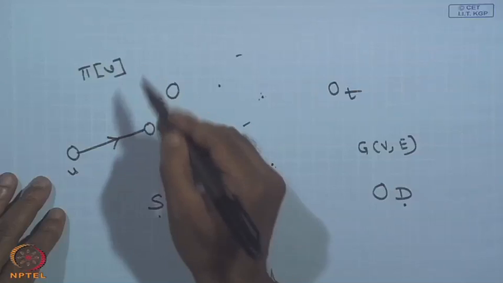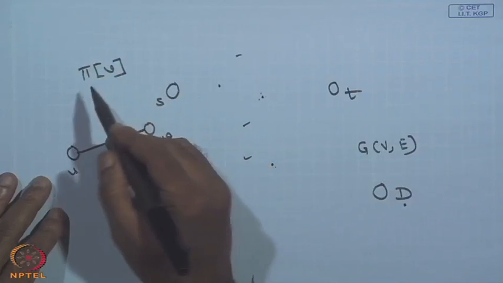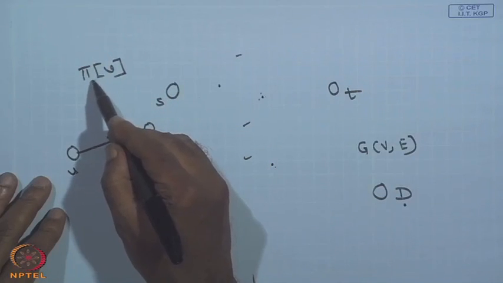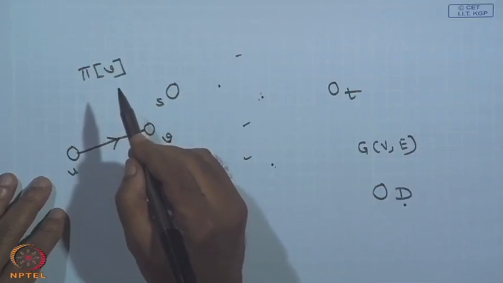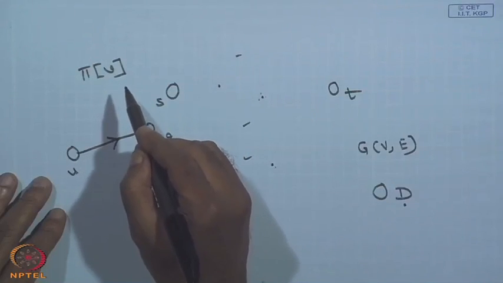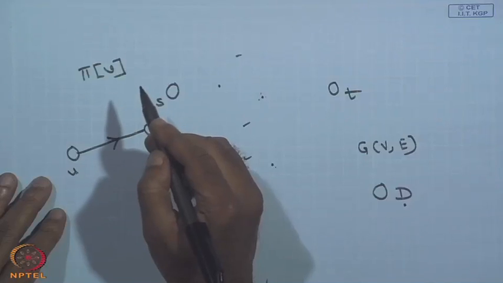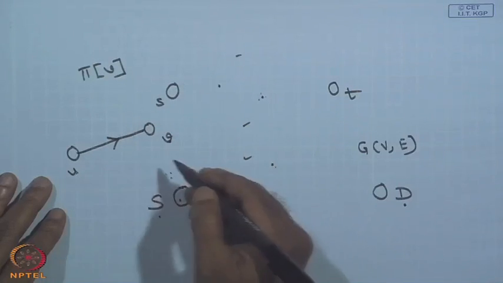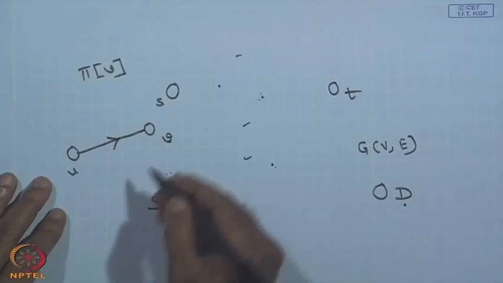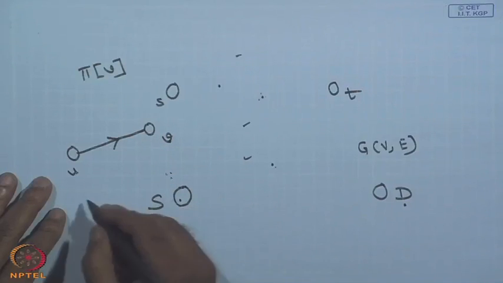For a vertex, the corresponding predecessor is written in this pi array, and this predecessor always has to be uniquely defined. And there may be a case where V is a source vertex. If it is a source vertex, the predecessor of the source vertex is always nil.